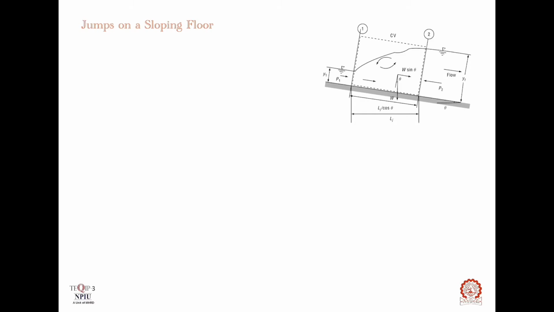Here y1 and y2 are the depths of flow before and after the jump respectively. Lj is the length of the jump in the horizontal direction, and along the bed of the channel, the length of the jump is Lj divided by cos theta.